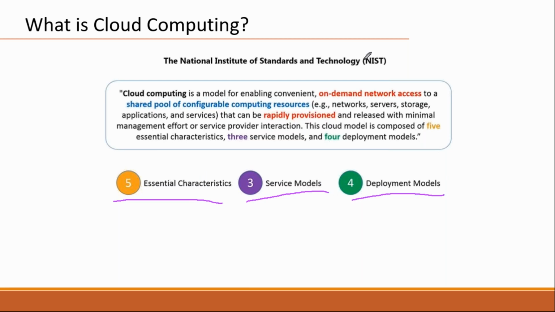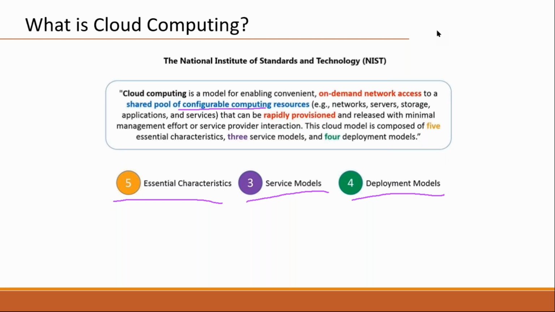There are two parts in this definition. The first we have seen: it is a collection of configurable computing resources which we can configure and use. The second says it consists of five essential characteristics, three service models, and four deployment models.